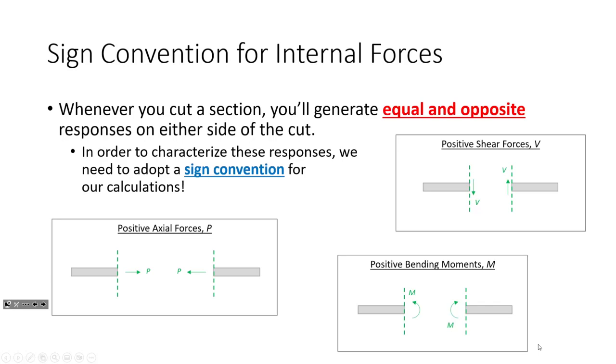What is important is that you maintain consistency in your analysis between what's tension and what's compression. In other words, if you assumed tension would be positive, like we have here, that's fine. If you were to assume compression is positive, that's fine too, as long as you're consistent, okay?